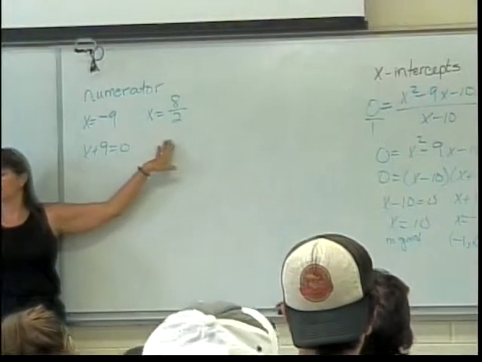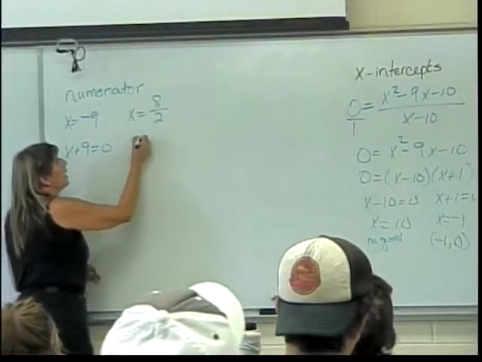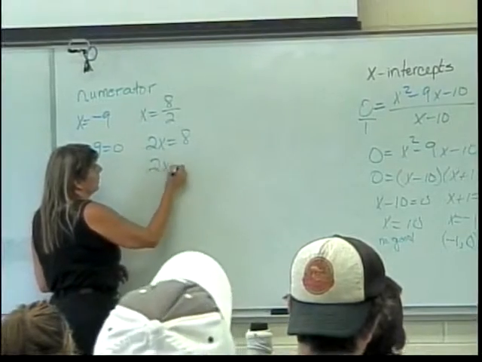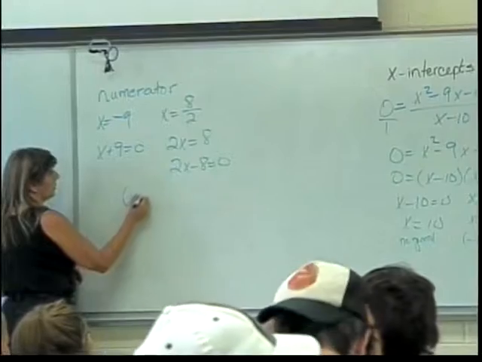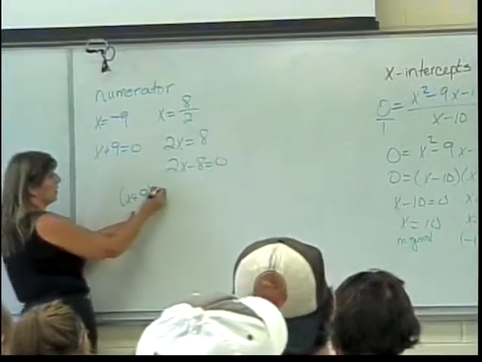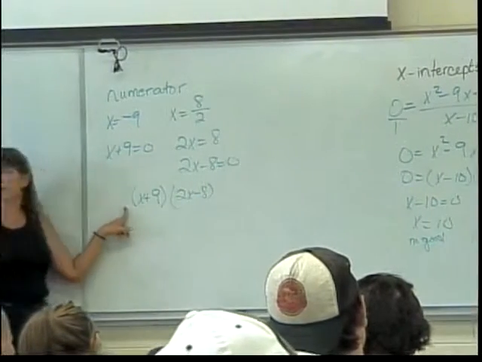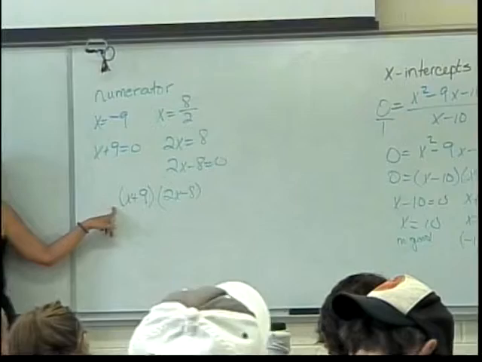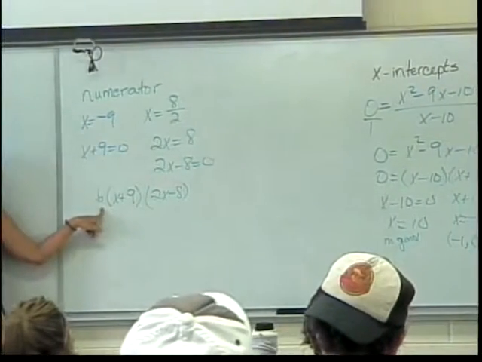This one, because it's set up to make life nicer if we do it this way, we can do 2x equals 8, so 2x minus 8 equals 0. So our polynomial for the numerator will be x plus 9 times 2x minus 8, and what do I put in front? A. I can't use A again because I used it here and it's not going to be the same one. So I'm going to call it a B here, the leading coefficient.